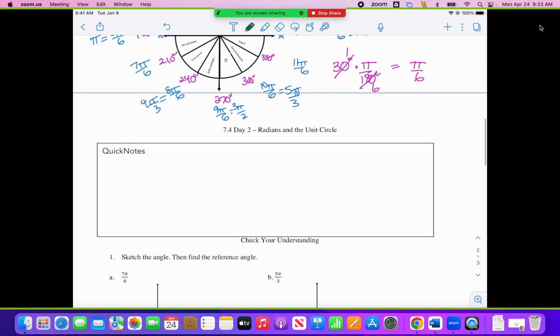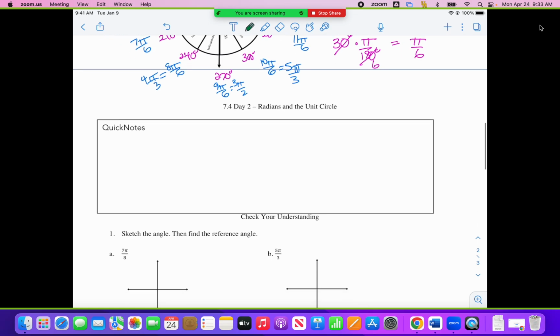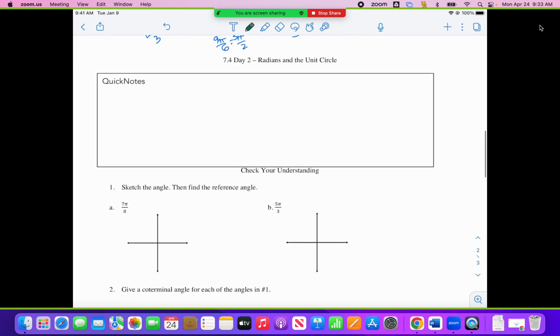All right, so let's fill in the quick notes. This is what we learned. Coterminal angles in radians. What did we do to find coterminal angles in degrees? Add or subtract 360.